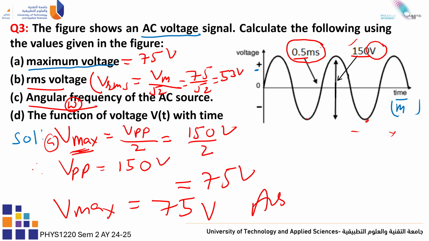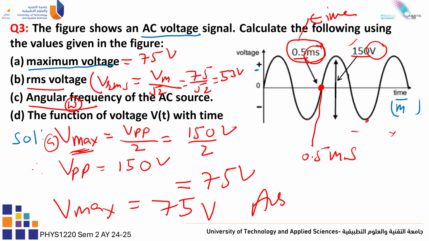With the number it is written millisecond, so millisecond means they are talking about the time. This picture is showing the value of this point. The value of this point is coming as 0.5 millisecond.